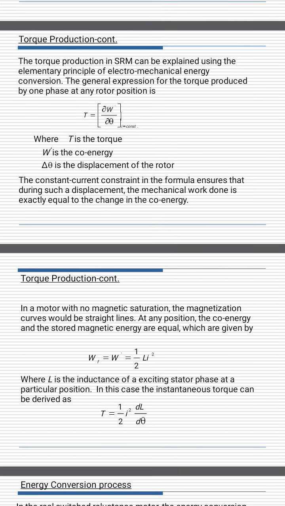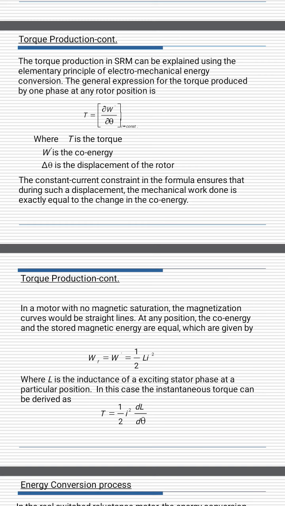The torque production in SRM can be explained using the elementary principle of electromechanical energy conversion. The general expression for the torque produced by one phase at any rotor position is T = ∂W'/∂θ at i = constant, where T is the torque, W' is the co-energy, and ∂θ is the displacement of the rotor.